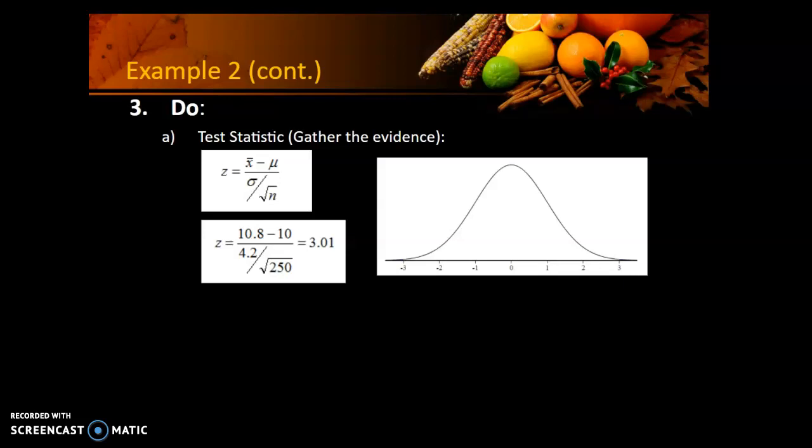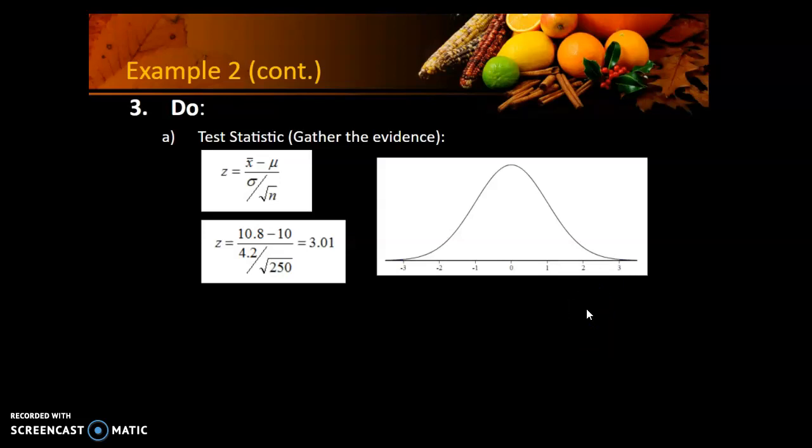So we weren't sure if we believe our population mean is more than 10 hours a week or if it's equally as far below the claim of 10 hours a week. That's why we call it a two-tailed test. The p-value is the tail both above a z-score of 3.01, but it also includes the area in the tail down below a z-score of negative 3.01.